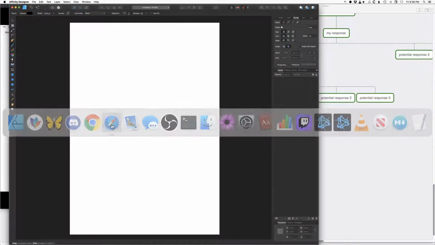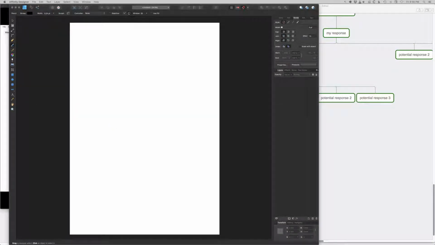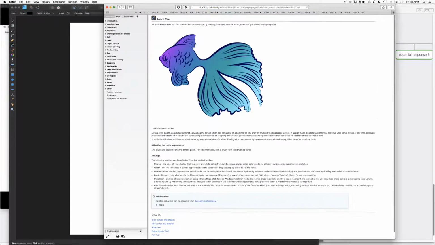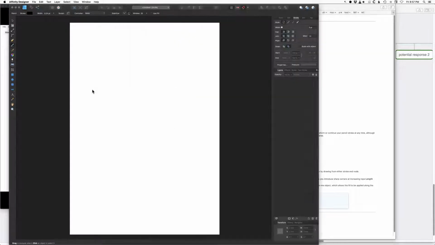I'm just gonna look this up. Oh, can you just turn both stabilizers off? Do you not have to pick?